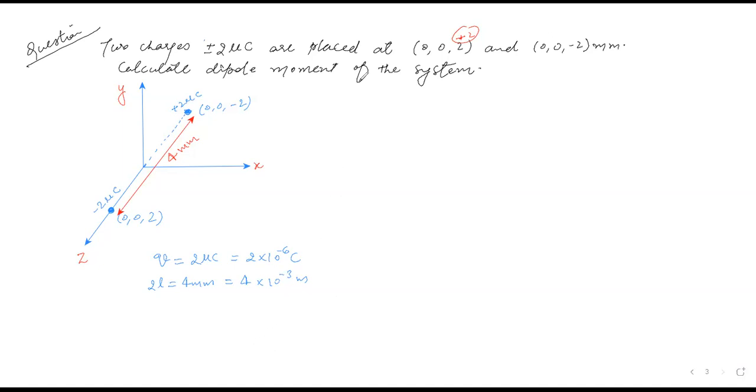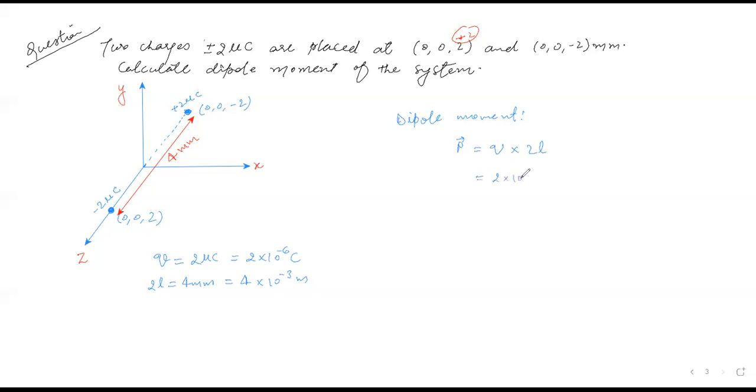Then what will be the value of the dipole moment? The dipole moment will be P is equal to Q into 2L. It is 4 mm. Okay. What is the value of Q?